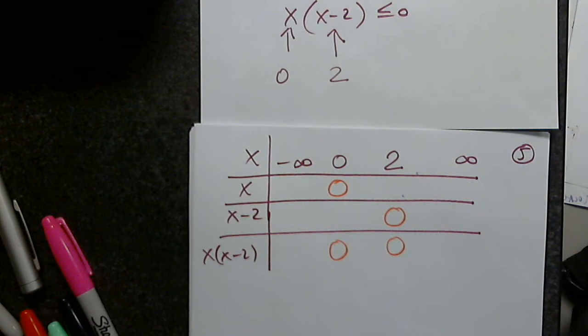If the slope is positive, they come from negative, they cross the x-axis, and they go to positive. If their slope is negative, then they come from positive, they cross the x-axis and go to negative. Both of them have what? Positive slope, so they will follow which sequence of signs? Negative to positive.